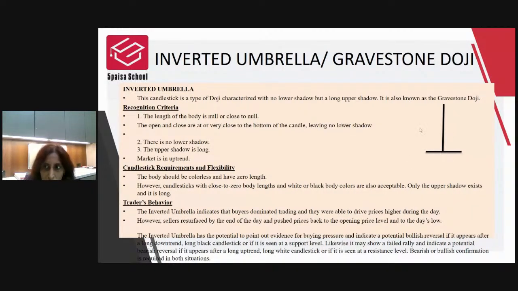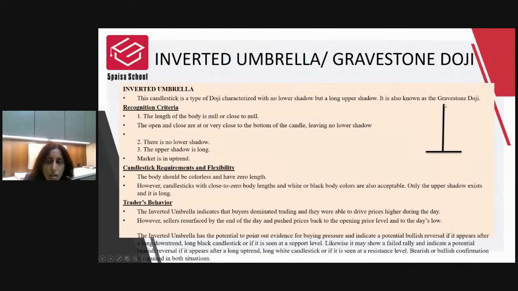This horizontal line is indicating that, and thereby you cannot see any lower shadow for that day. But what you can see is only the upper shadow. So this is the highest trading price of that particular trading day.